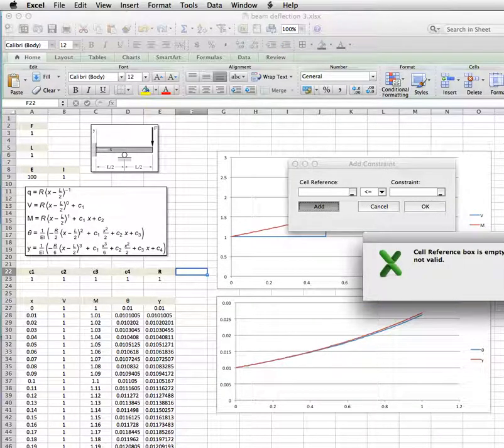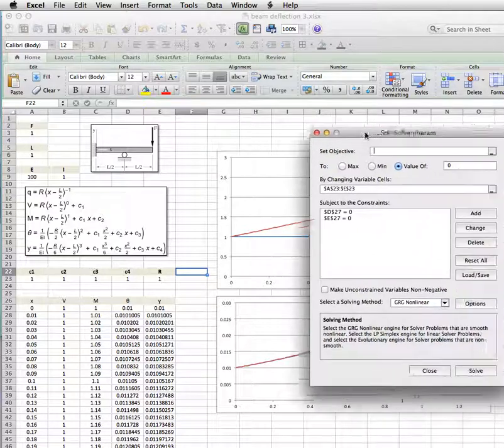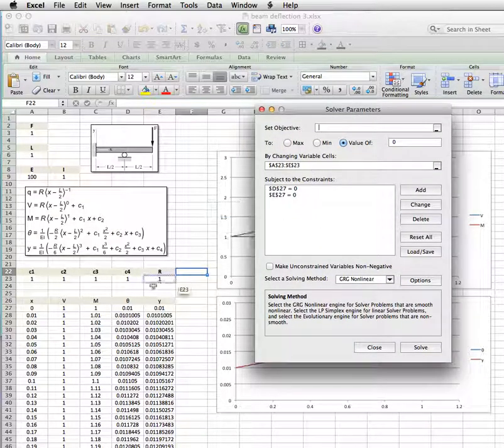So I'm going to add now deflection at x equals 0 is equal to 0. Let me check to make sure I did that right. So column D is theta, and column E is deflection.